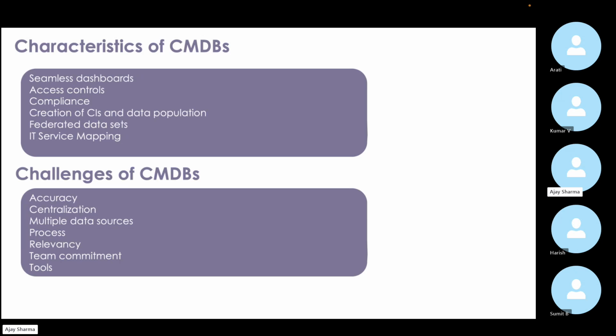A characteristic of the CMDB is a seamless dashboard, which gives you complete information about how many CIs there are and what the status of all the configuration items is, right? In each class, what type of CIs we have, who the owner is, and if you want all the information based on CI owners, we can see that too. Then access control: who has access to work on it, right?